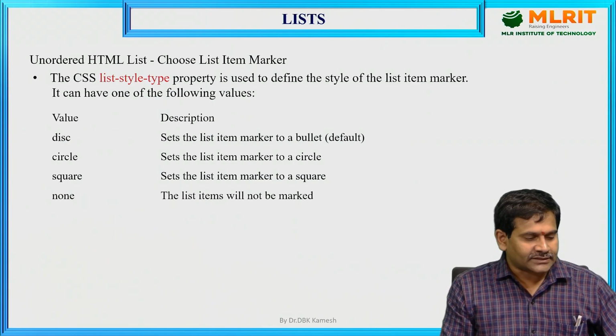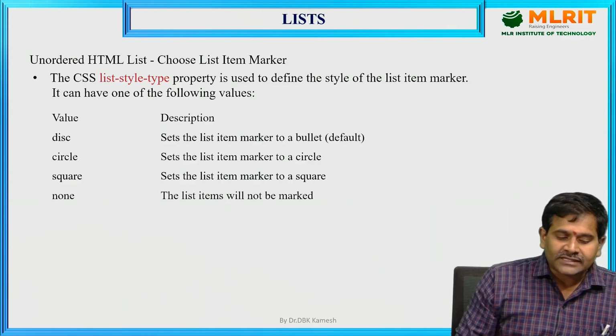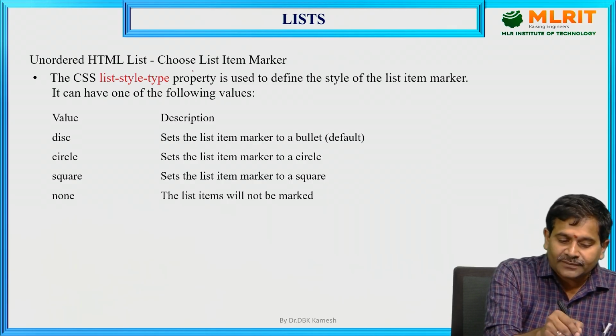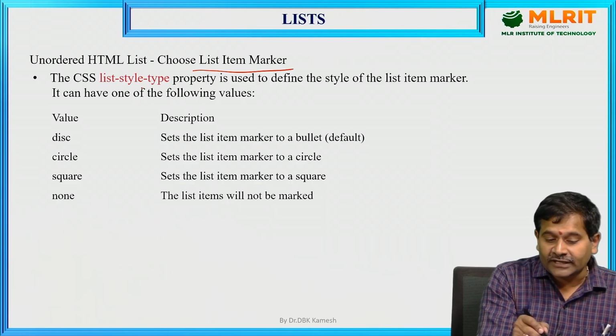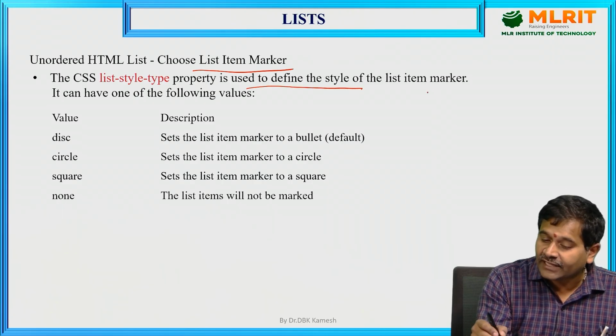Next, for the unordered HTML list, the CSS list style type property is used to define the style of the list marker.